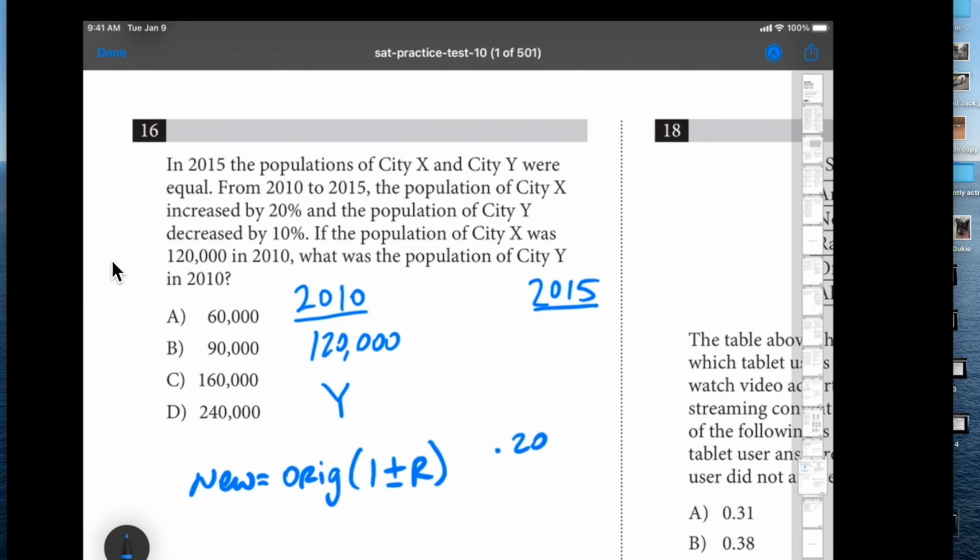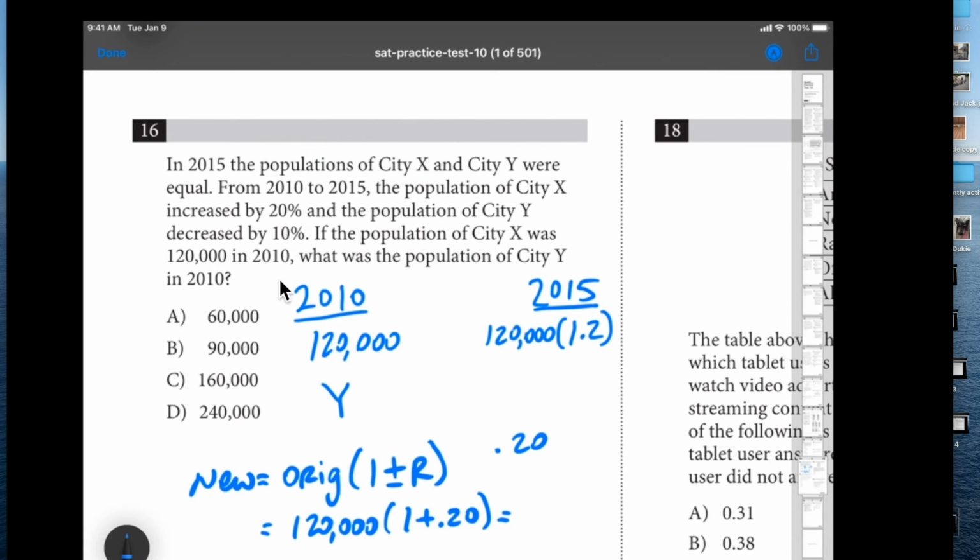Since things are increasing for city X, the new value is going to be the original, which we know is 120,000, times 1 plus 0.20, or 120,000 times 1.2.